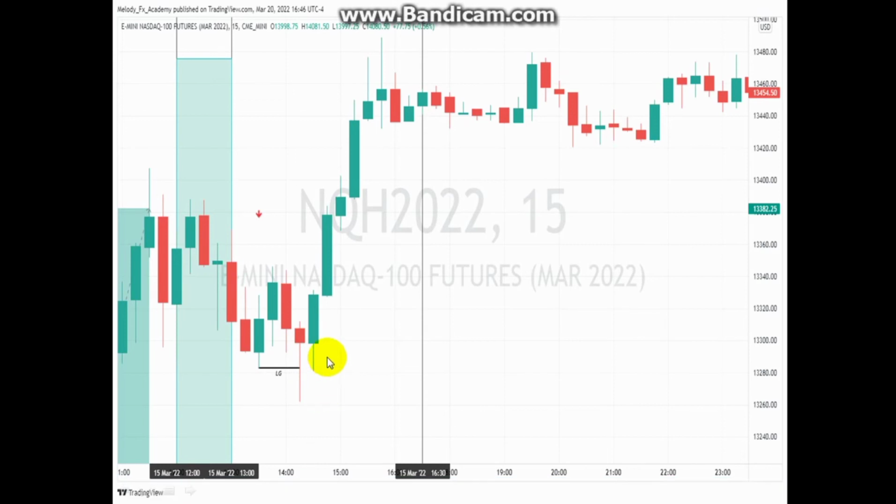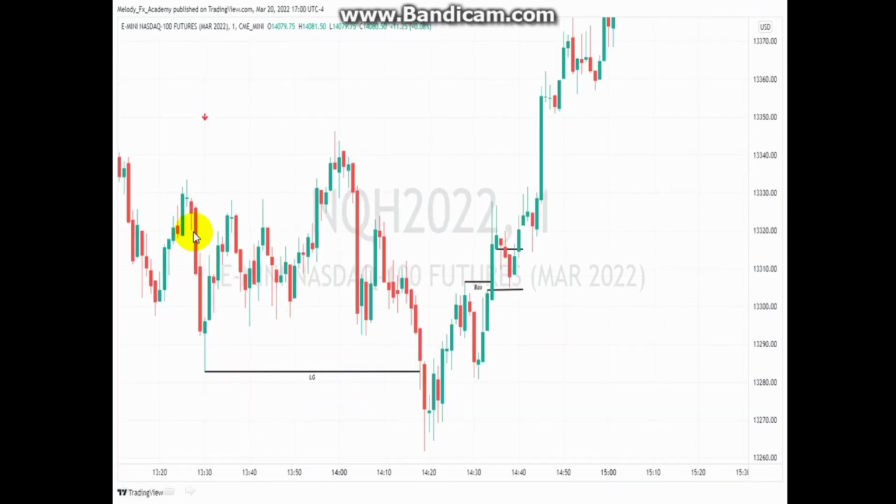So let's go down to our next time frame. This is that old low at 1:30 p.m. Price trades below, grabs liquidity, and starts expanding higher. So we got a break of structure, or shift in market structure, right here. Price shifted bullishly and we got our fair value gap.